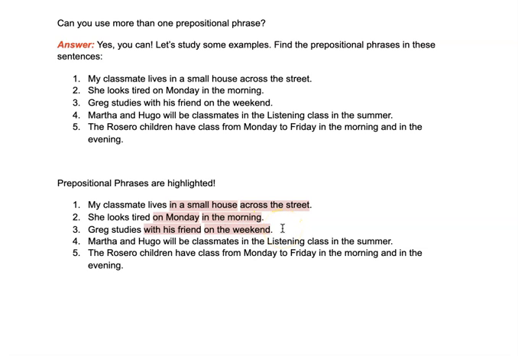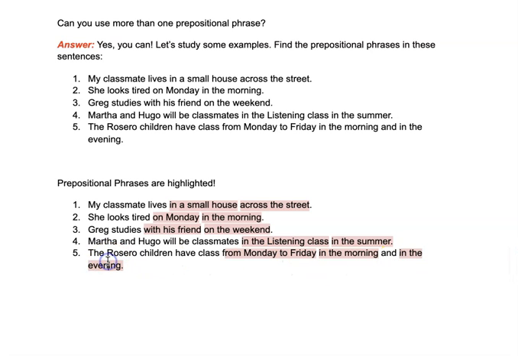Number 4, Martha and Hugo will be classmates in the listening speaking class. One prepositional phrase, the other is in the summer. The last sentence, number 5, the Rosero children have class from Monday to Friday, prepositional phrase, in the morning and in the evening.